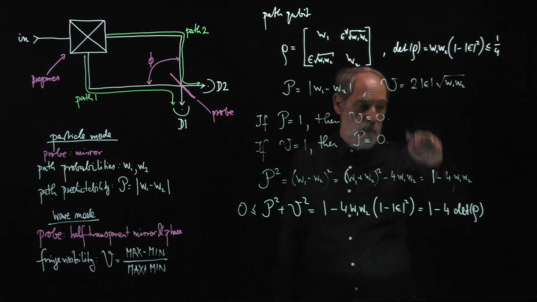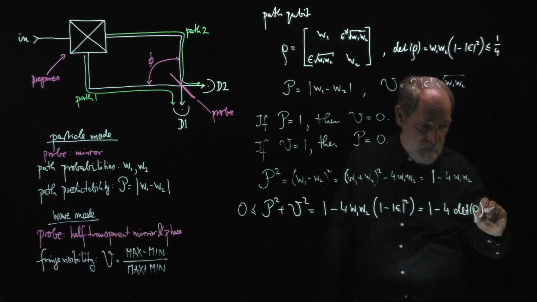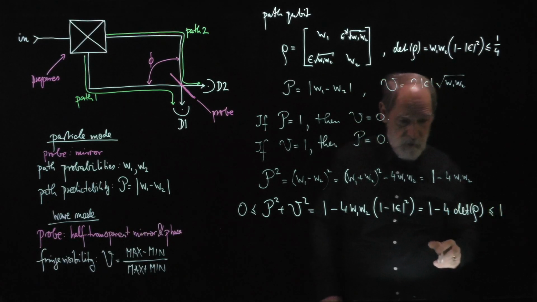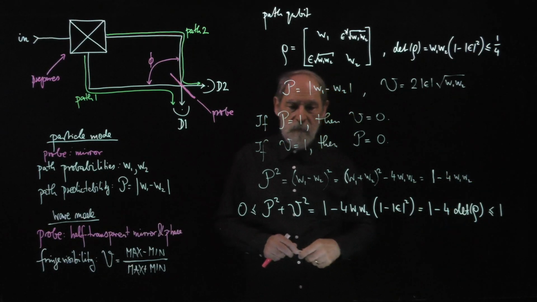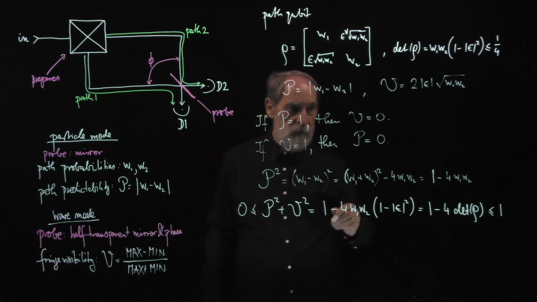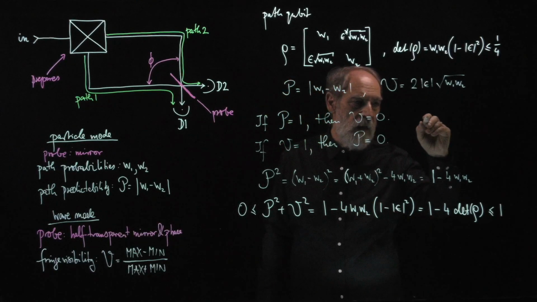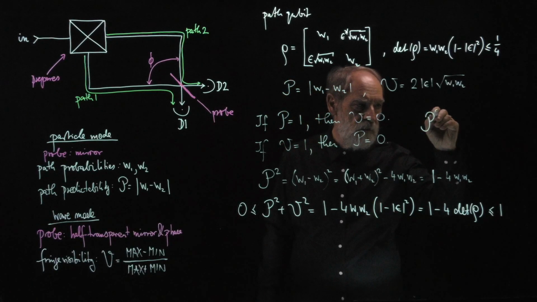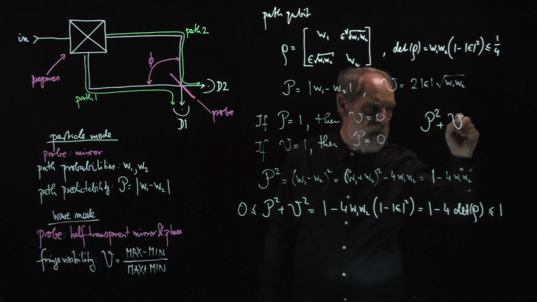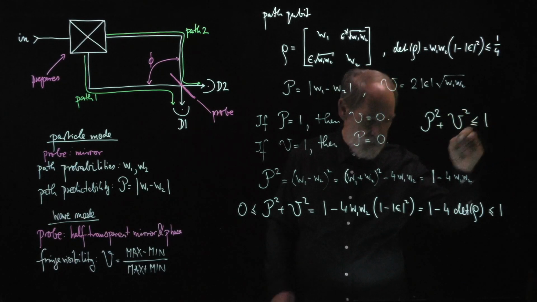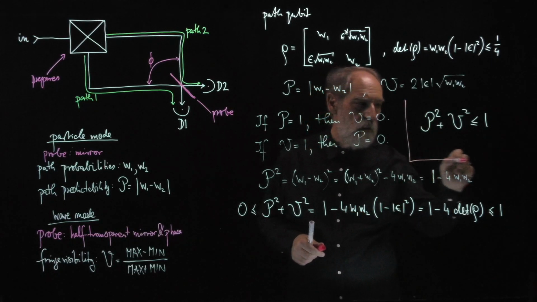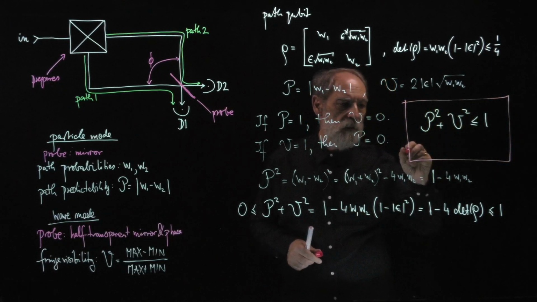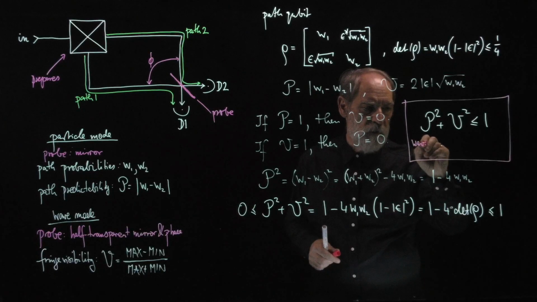Then the determinant of rho is 0, and that gives us the largest value that we can reach for P² plus V², and that's 1. So in summary, the compromises allowed by quantum physics is P² + V² ≤ 1. And this is a quantitative statement about wave-particle duality.